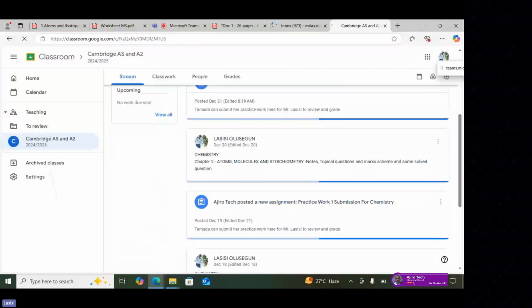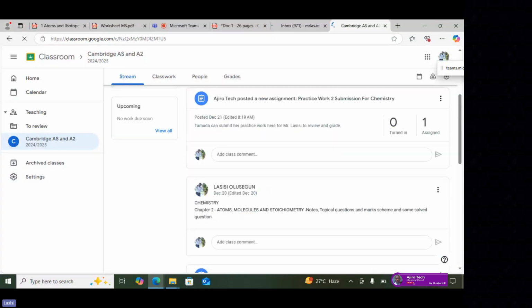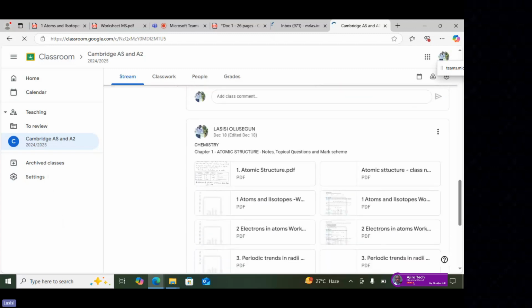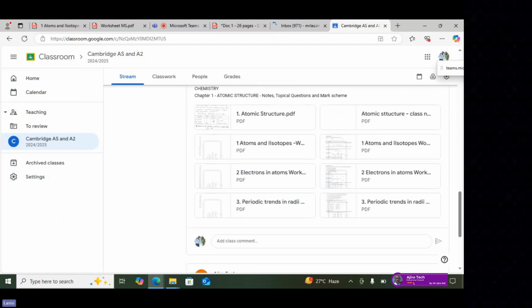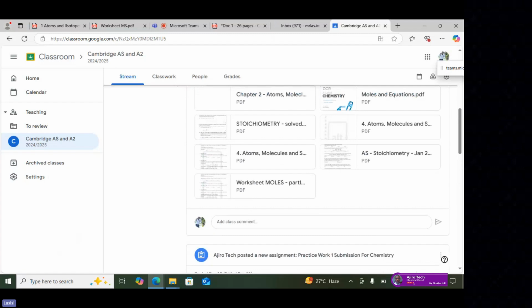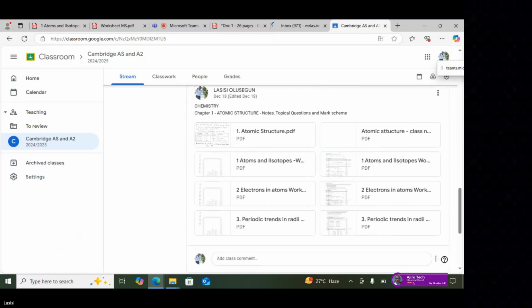I'm doing structure. The one on electrons in atom. No, atomic structure. And there's one specially on ionization that I sent to you, but it's in the atomic structure notes. Is it right? Atomic structure PDF. Okay. Thank you.